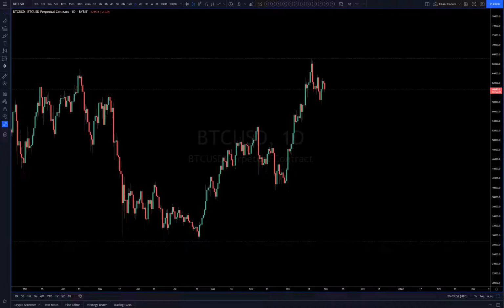So what we're going to be looking at is, first of all, some channels. And then after the channels, we're going to be looking at various different fib levels and potential targets. And then I'll go through basically how the indicators react.